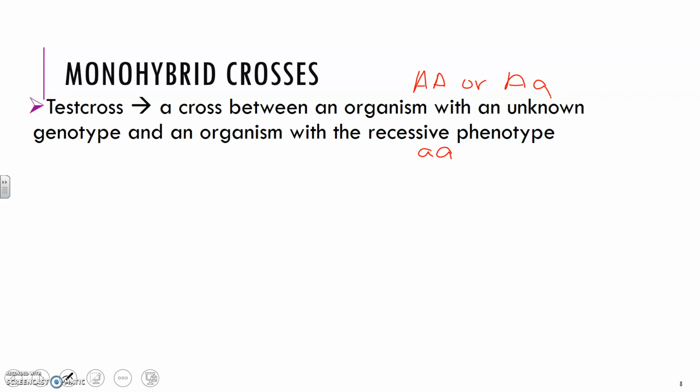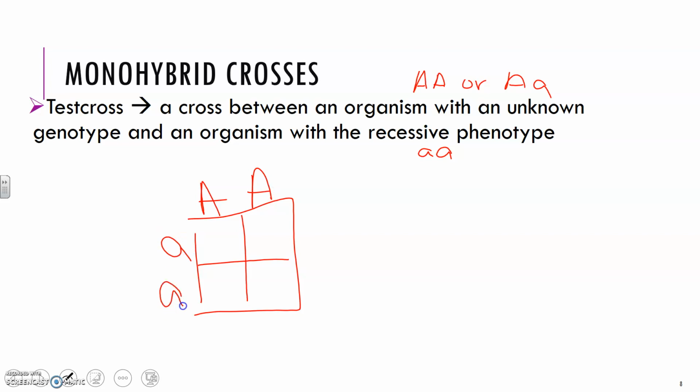So if they have a homozygous dominant parent, we'll do this real quick. You get this crossed with this one. All offspring would be heterozygotes, so they would all exhibit the dominant phenotype.